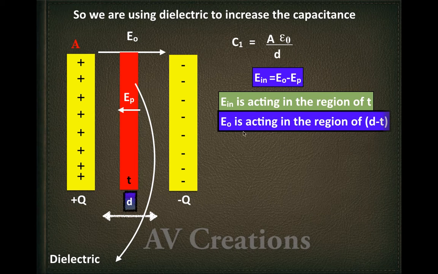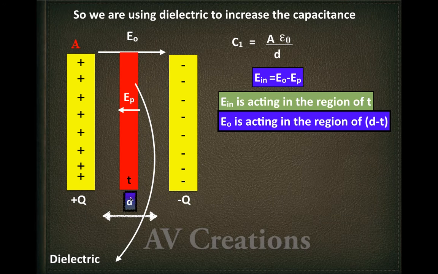Now the electric field EO is acting in the other two regions, not in this region, so it is D minus T. And there is an equation for electric potential: V equal to E into D, electric field into distance.